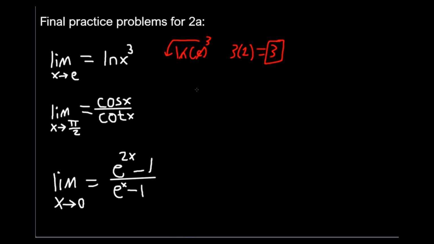But okay, let's get this guy in. So cosine pi over 2 over cotangent pi over 2. That's going to give us 0 over 0, because cotangent of pi over 2 is 0, and so is cosine pi over 2.